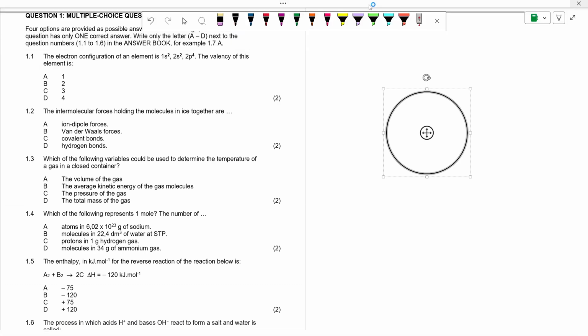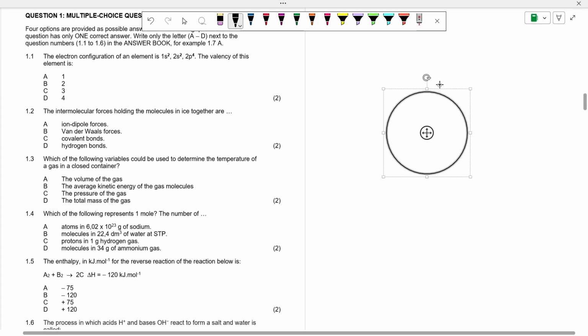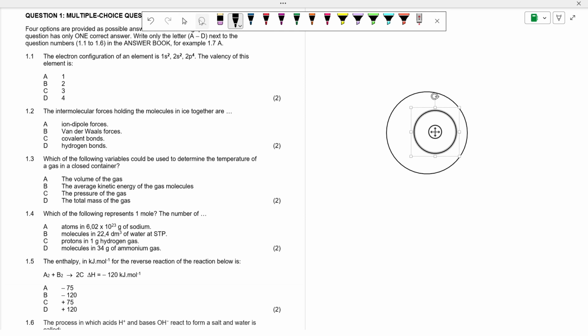for how an atom looks like in chemistry. Okay, let me just move this more to the center like that. Okay, good. So what we'll have is obviously some protons which are positively charged in the nucleus or in the middle of our atom, and then we'll have some neutrons which do not have any charge.